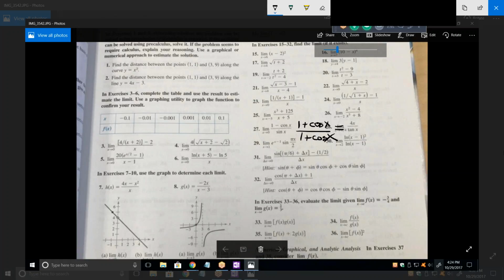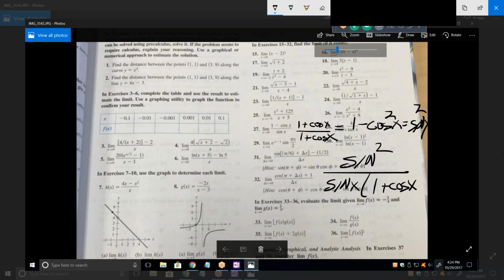Remember when you used to do your trig? You always multiply by the conjugate because the top turns into 1 minus cosine squared, which turns into sine squared. And that was why it was very useful to multiply by the conjugate. So this little thing ends up being sine squared in the numerator, and in the denominator we got sine x times this conjugate.